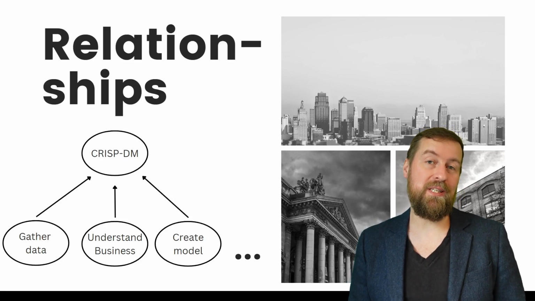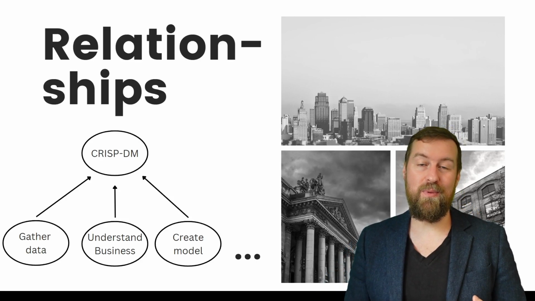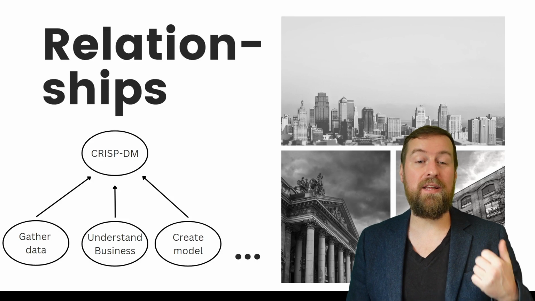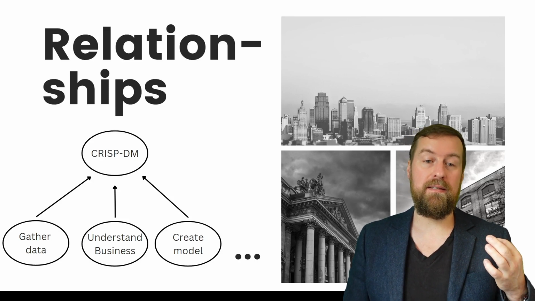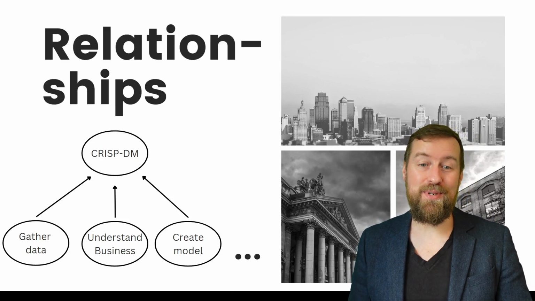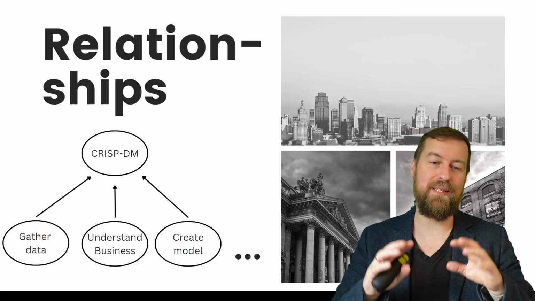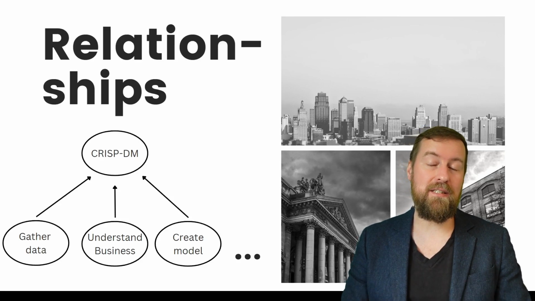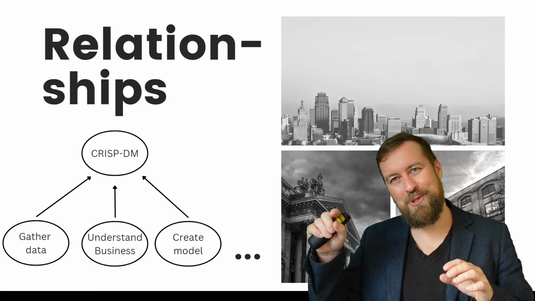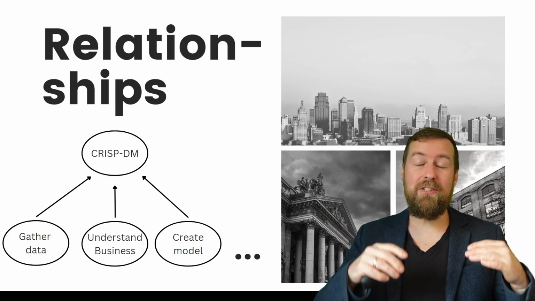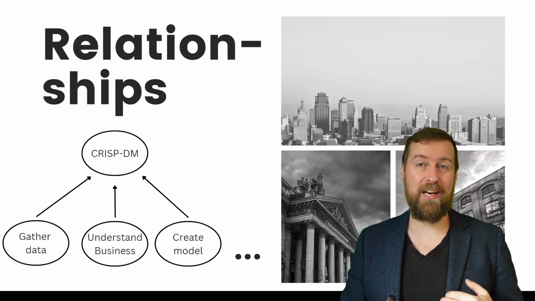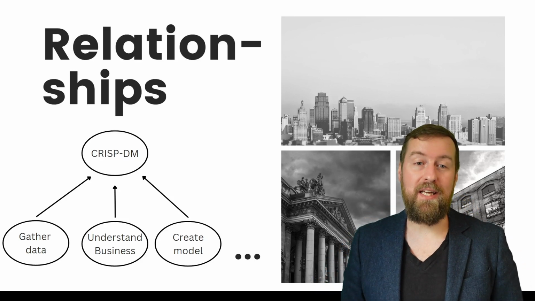Some of the elements within this model, this way of working, are gathering data, understanding the business problem, and creating the model. There's also deployment and testing and so forth, but those are the small dots after it. Each of them are subcategories of the CRISP-DM.